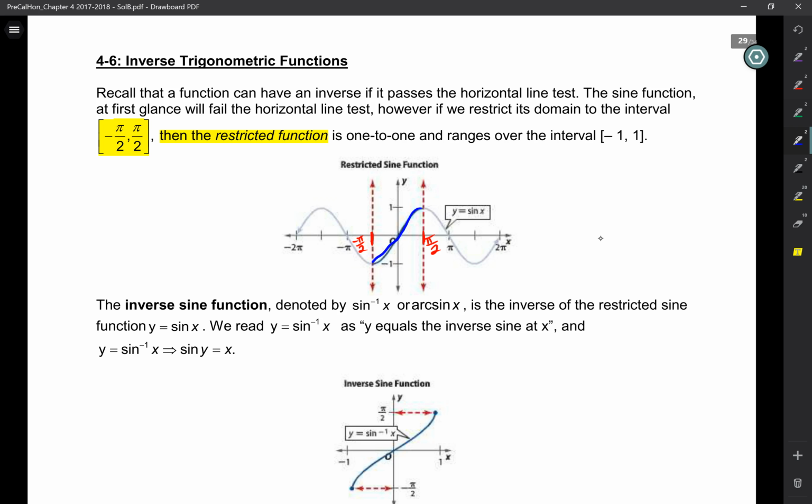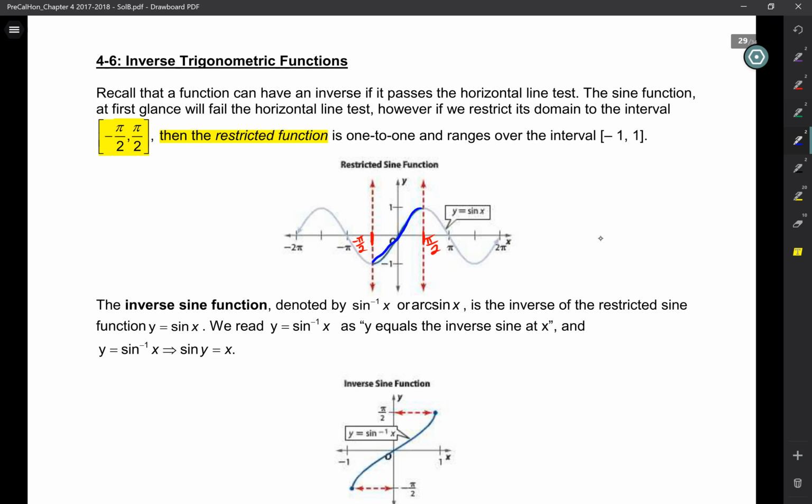All right? So for the purposes of the inverse trig functions, when it comes to sine, we eliminate anything to the left of negative pi over 2 and to the right of positive pi over 2. Just eliminate it, it's gone. Okay? So now the restricted domain goes from negative pi over 2 to pi over 2. And that means the range goes from negative 1 to 1, as always.